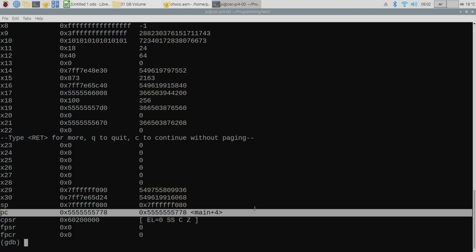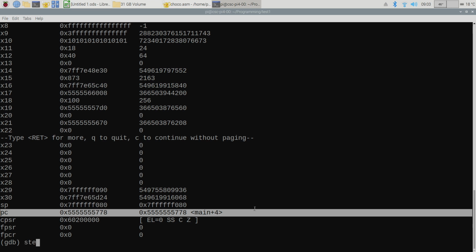I'm looking at the program counter. The OS loaded this thing into memory at memory cell 55555555774. And it's 778 because it's where main started plus 4 bytes, because I just went through one instruction already.